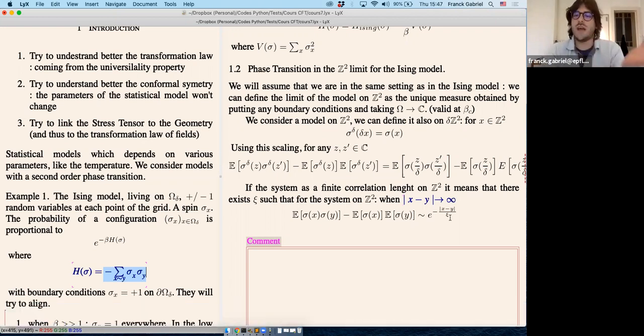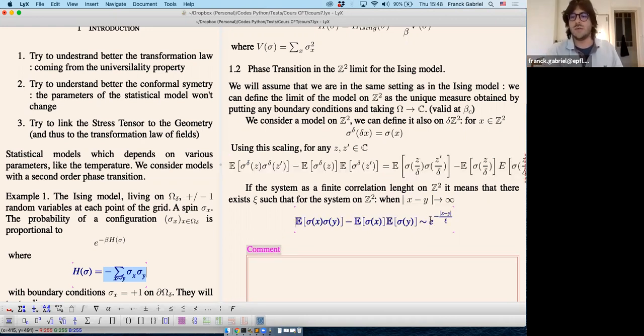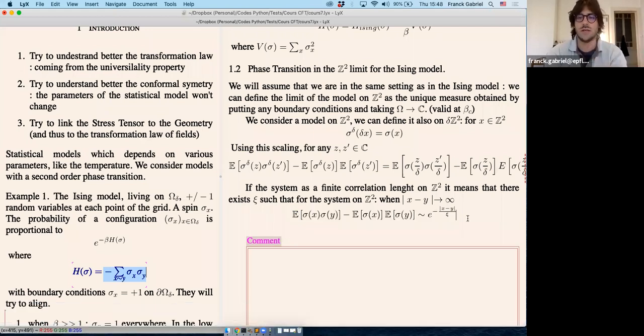But if I have a finite correlation length, what I see is that I can plug in here. When delta goes to 0, then these two points go far apart. So I can apply this formula, but instead of x and y, I have to apply it to z over delta and z prime over delta.